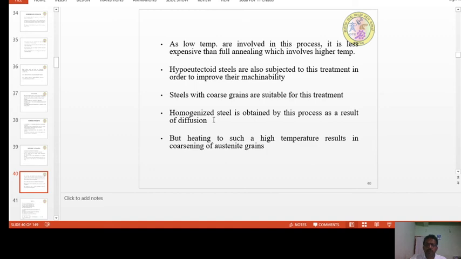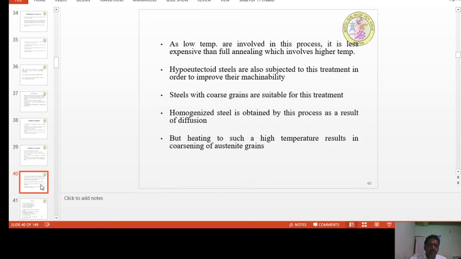In other words, the composition or alloying elements, or even carbon, will move from higher concentration points to lower concentration points and result in homogeneous composition. But heating to such a high temperature results in coarsening of the austenite grains. That means the size of the grains will be increased.